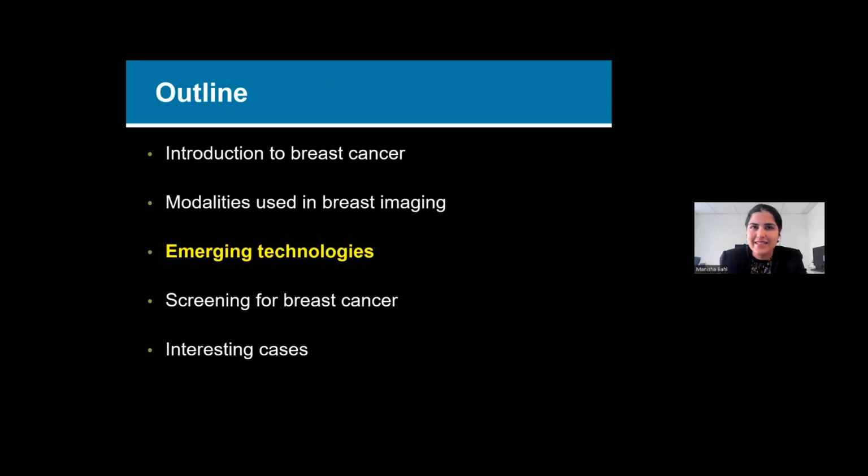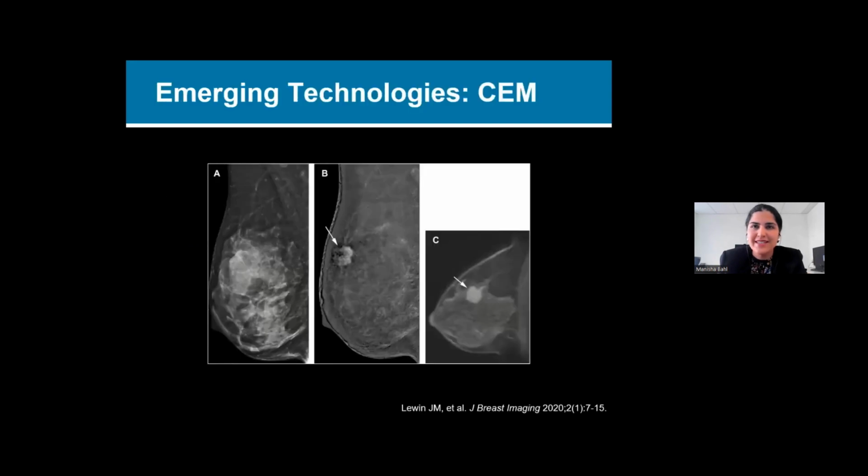Next, I'd like to discuss emerging technologies in breast imaging. First is contrast-enhanced mammography, or CEM. With CEM, a mammogram is obtained after injection of iodinated contrast material, similar to the contrast material that's given for CT or CAT scans.